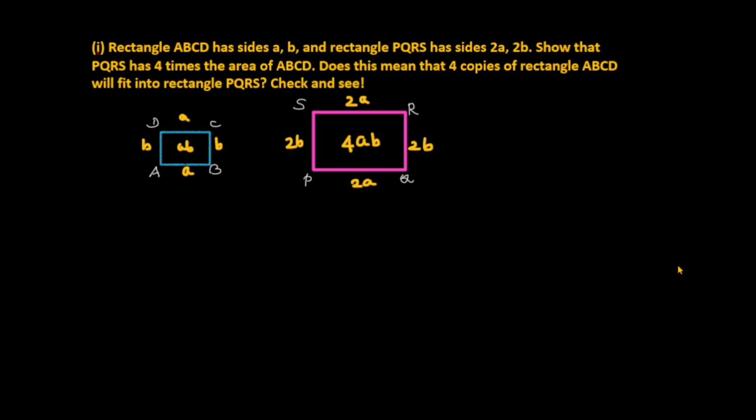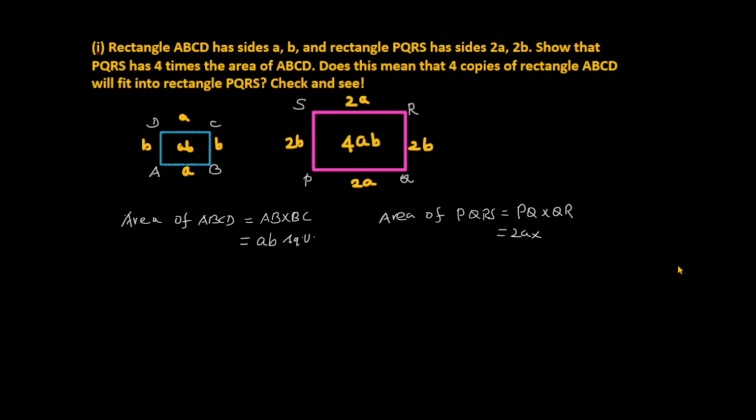So, this is given. Show that PQRS has 4 times the area of ABCD. Does this mean that 4 copies of rectangle ABCD will fit into rectangle PQRS? Check and see. Now, we know that area of rectangle ABCD is equal to length AB into breadth BC, is equal to AB square units. Same way, area of rectangle PQRS is equal to length PQ into breadth QR.